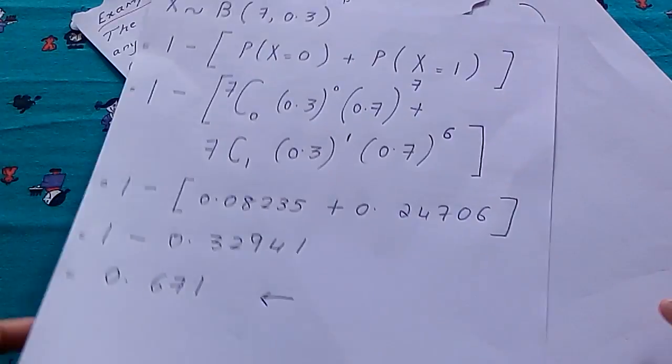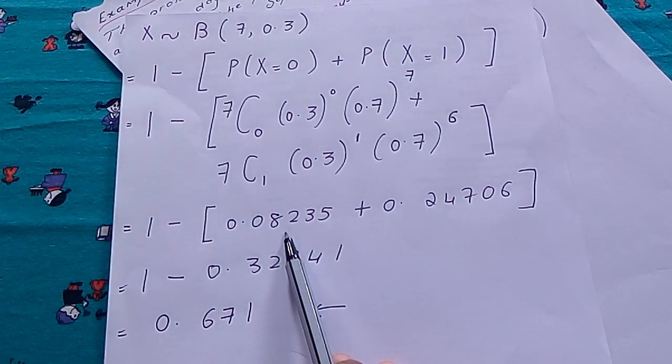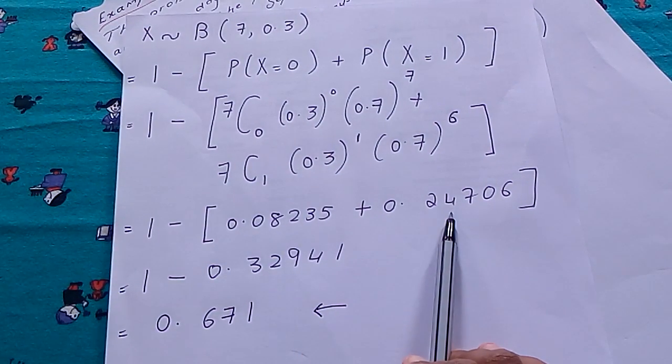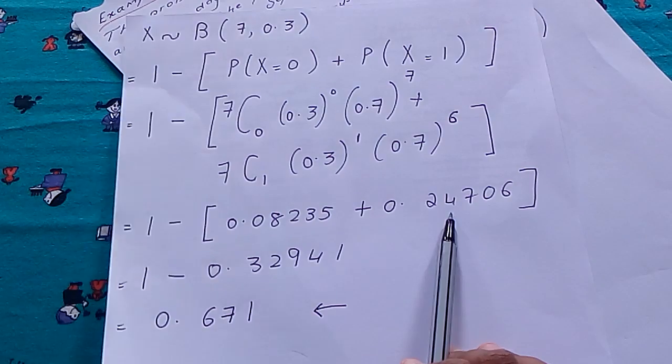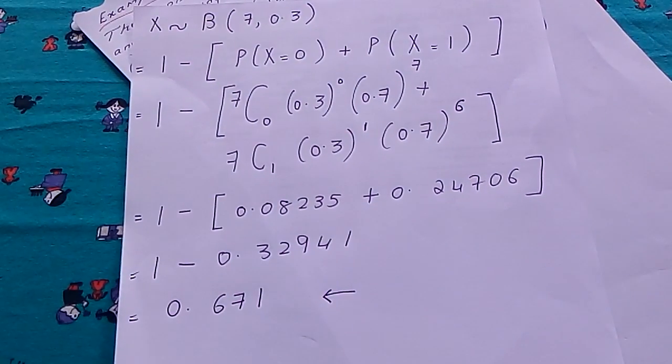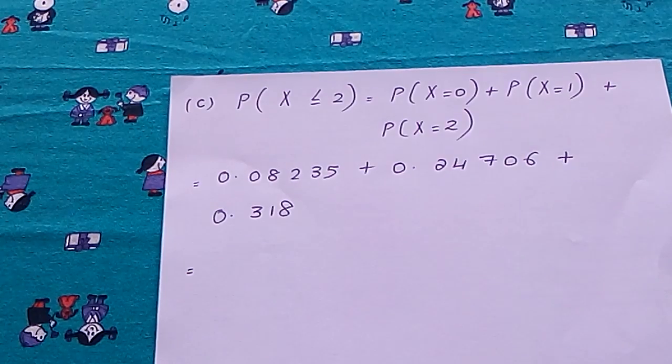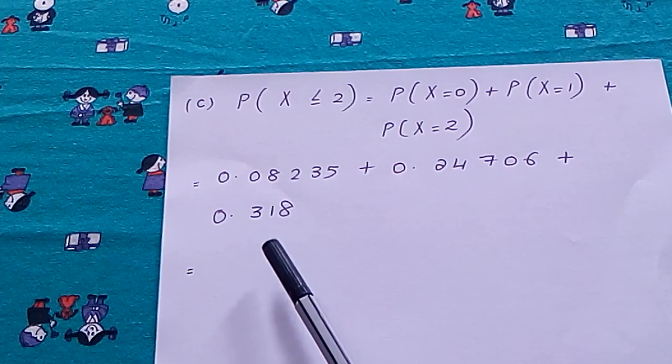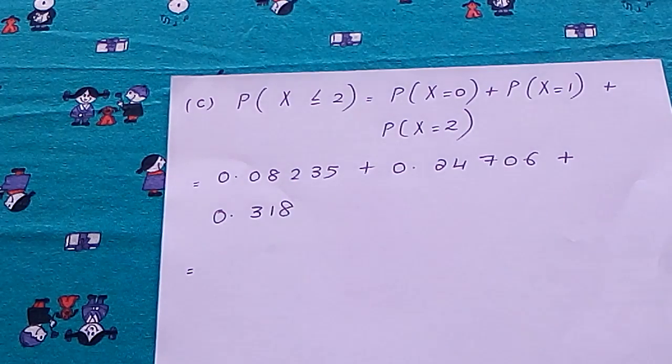So no need to calculate it again. So we have this one plus this one. Okay, so let's rewrite it again. So we simply need to add these three probabilities. The 0.318 I got from part A, which we have already done.